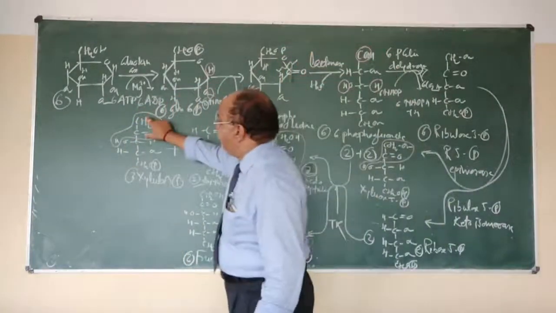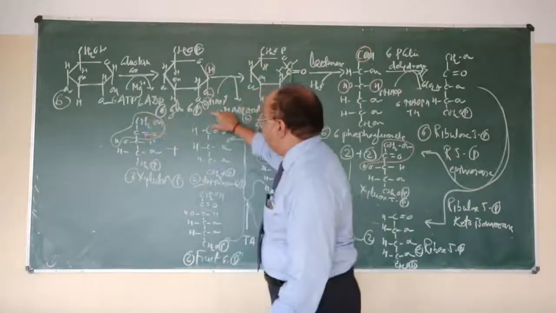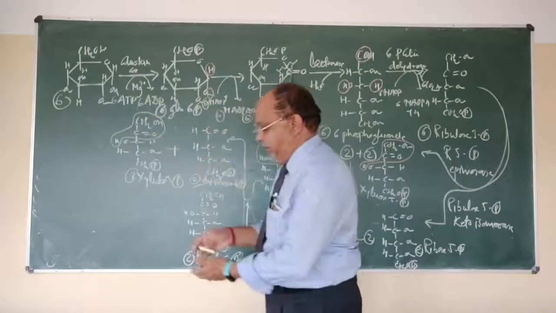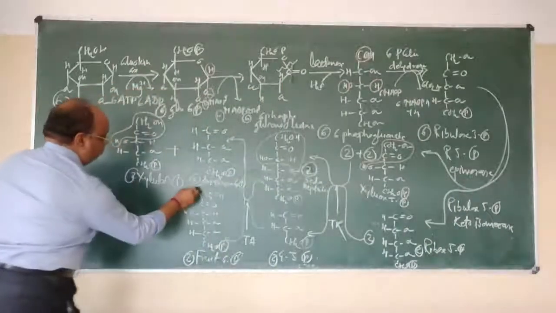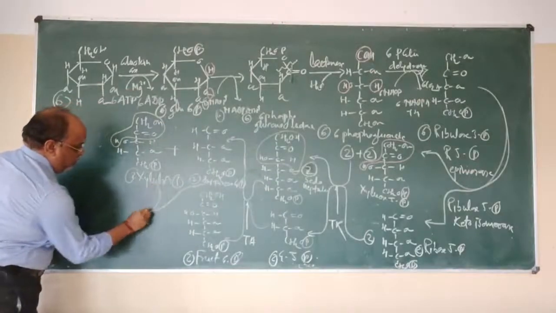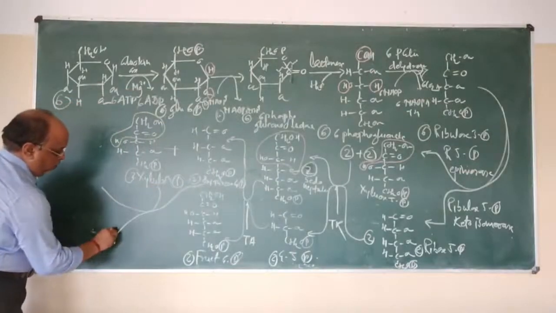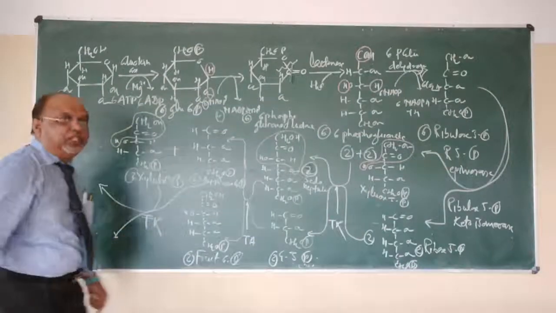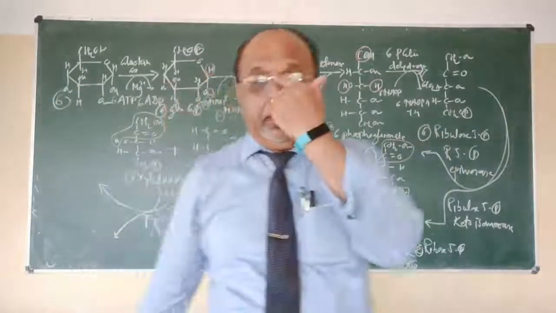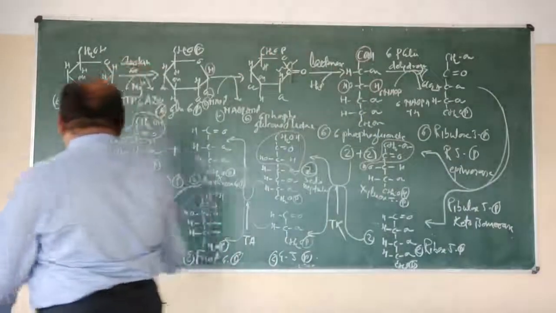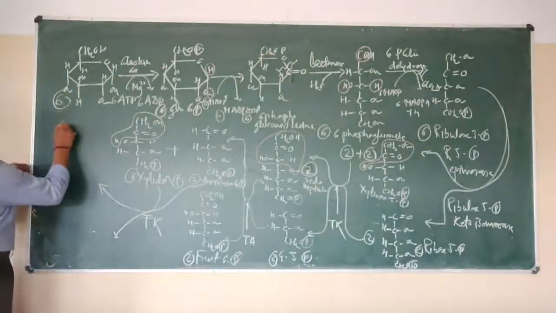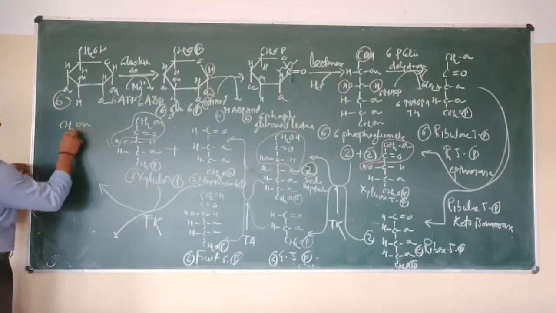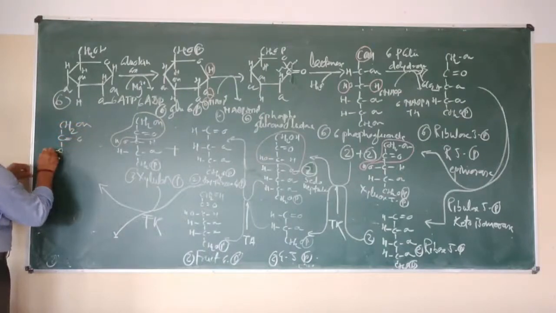So this 2 carbon fragment is transferred on this erythrose 4-phosphate. Okay, so the enzyme is always transketolase. What is the enzyme? It is transketolase. So it forms another molecule of fructose 6-phosphate, CH2OH, C double bond O, OH, C, H, H, C, OH, and CH2OP.